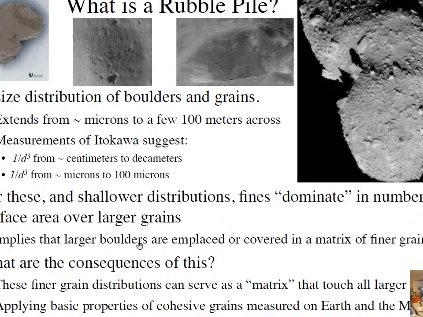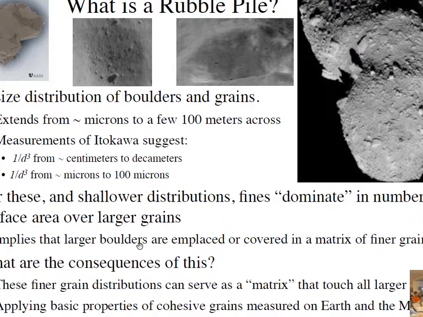Now, to get back to the main topic, we should go back to our original question again, which is, what is a rubble pile? And again, it's a size distribution. We know it goes down to microns and up to hundreds of meters across for the case of Eros, say. Itokawa suggested 1/d cubed from centimeters to decameters, and similarly from its sample from microns to hundreds of microns.